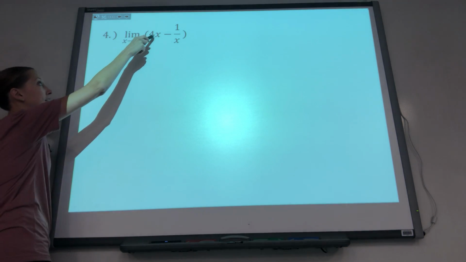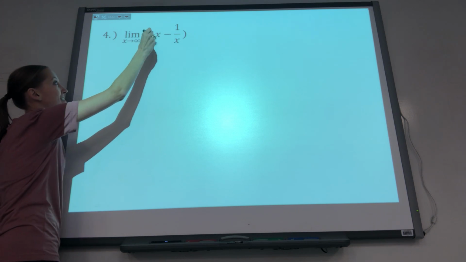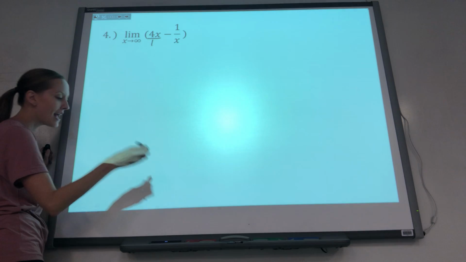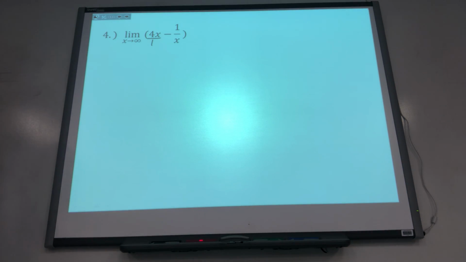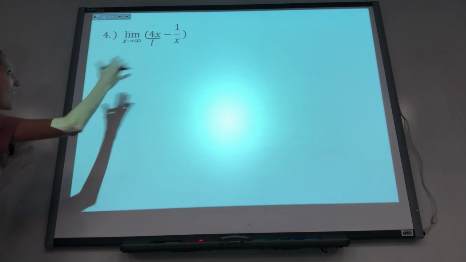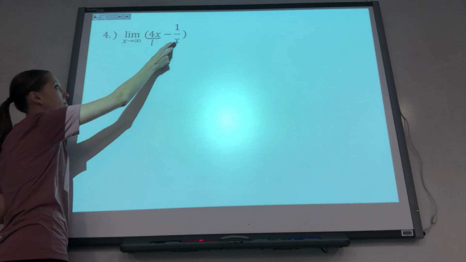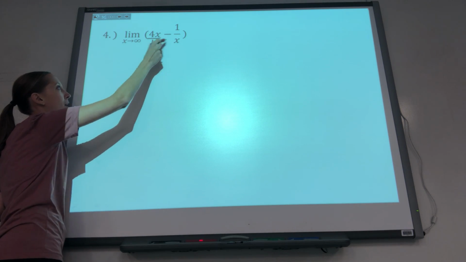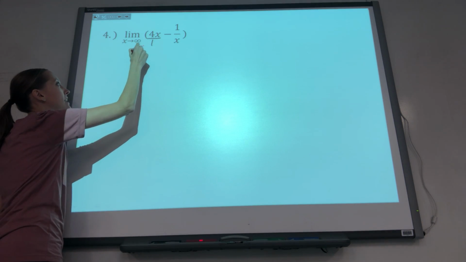So what I would say you should do first here is get some common denominators so that you can turn that into one single fraction, not just part of a fraction. So I put the 4x over 1, and then looking at my denominators, the least common denominator would be x here.